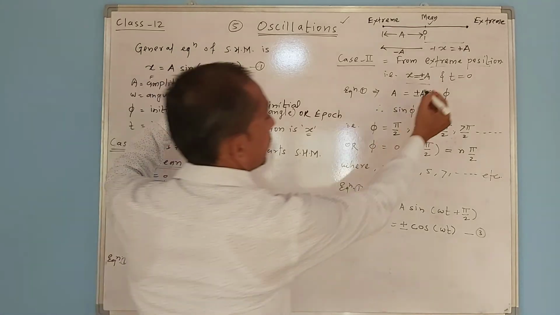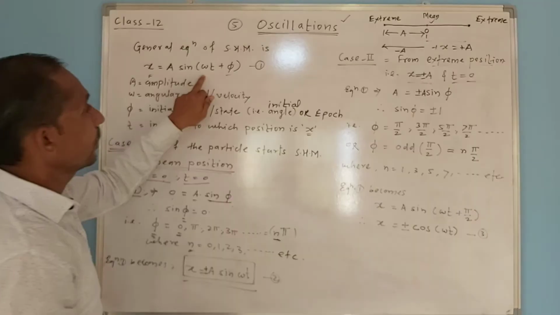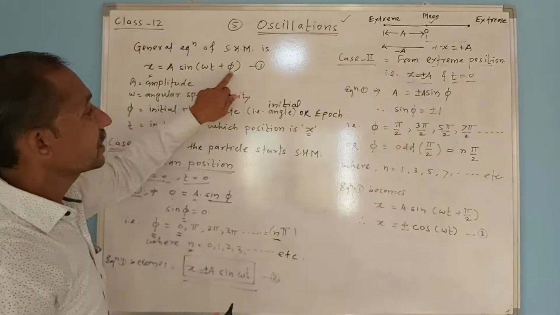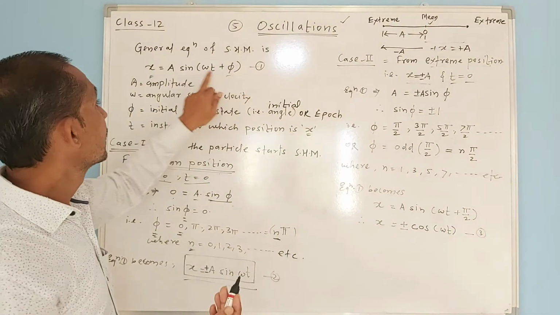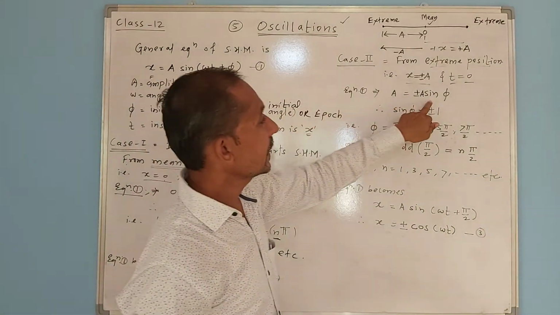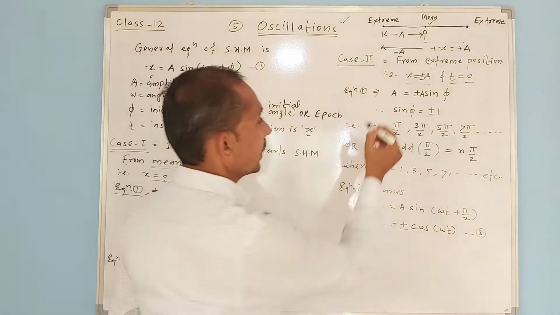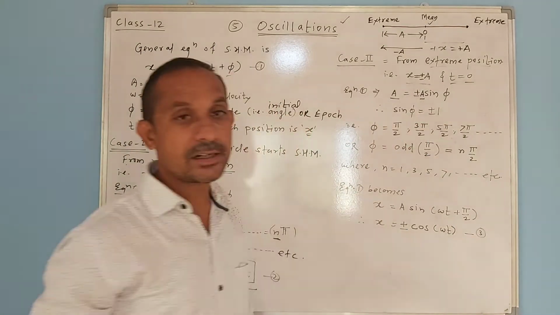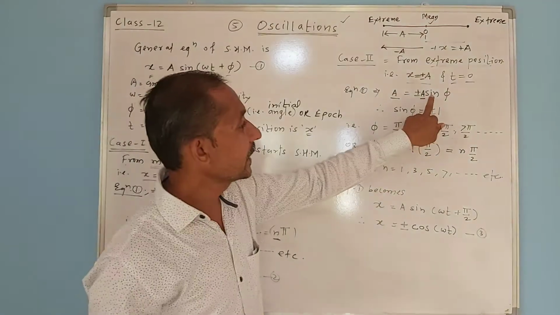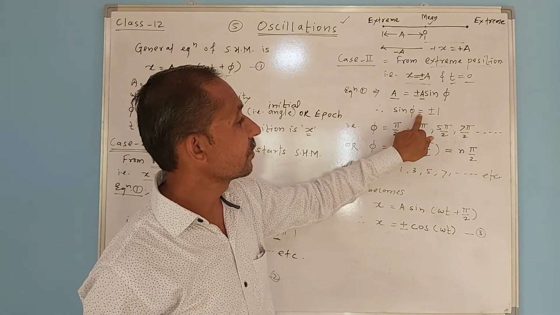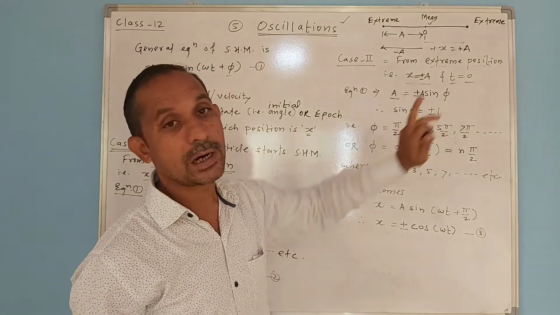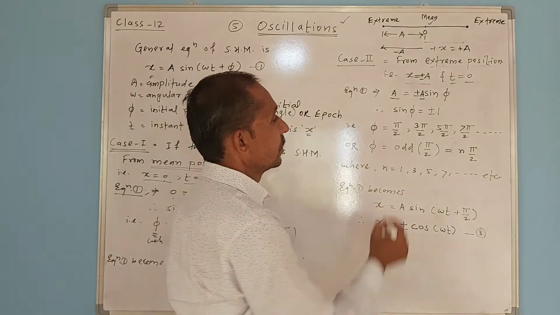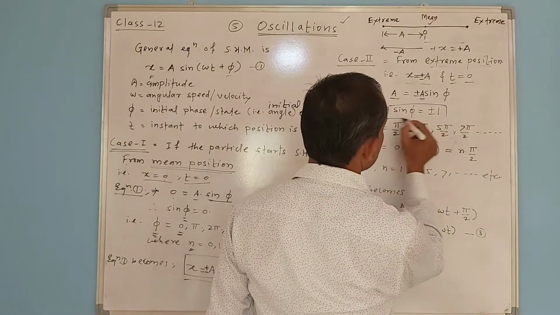As t is 0, omega t will be 0, plus phi, only phi remains. So sine of phi. Here a and a get cancelled, giving plus minus 1.